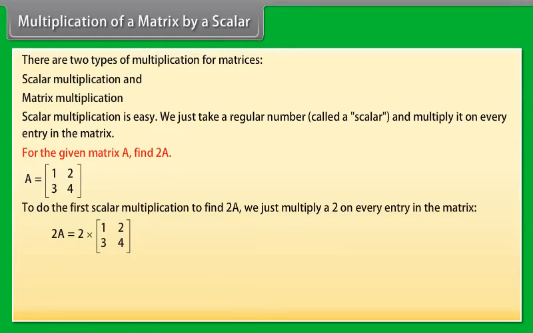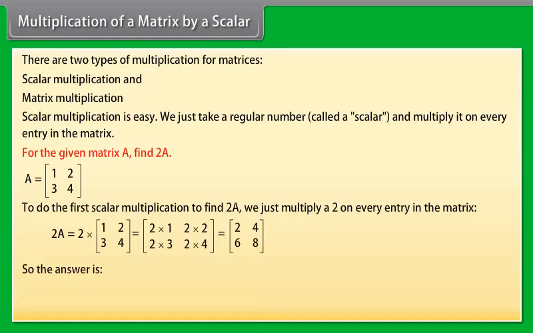2A is equal to 2 into the matrix with first row 1, 2 and second row 3, 4, which is equal to the matrix with first row 2 into 1, 2 into 2 and second row 2 into 3, 2 into 4, which is equal to the matrix with first row 2, 4 and second row 6, 8.